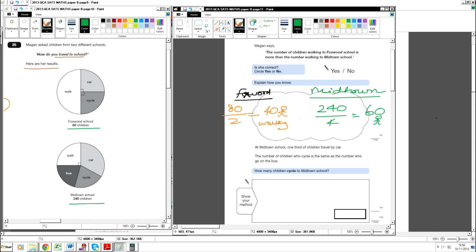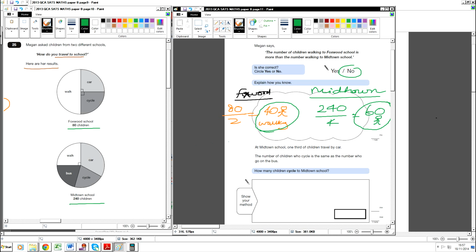The answer is 60. If she said the number going to Foxwood is more, the answer is no. Why is it no? Because Foxwood only had 40 children walking, whereas Midtown had 60 children walking. So we're looking at the numbers represented by this half and by the quarter. So that's done. Lovely. Are we happy with that now?